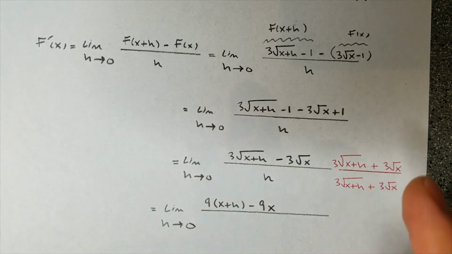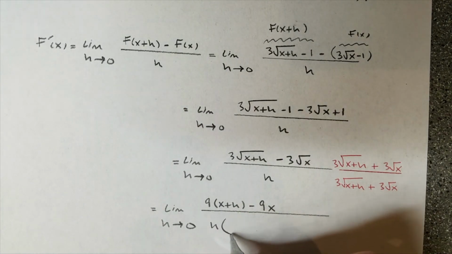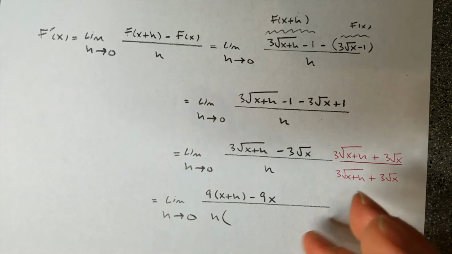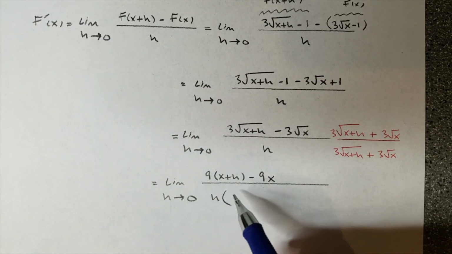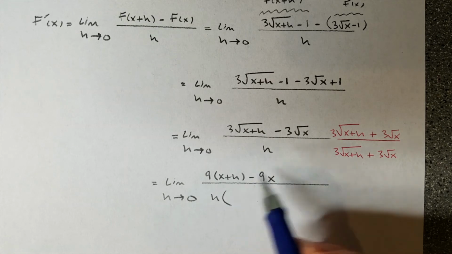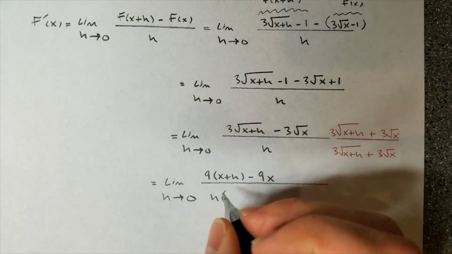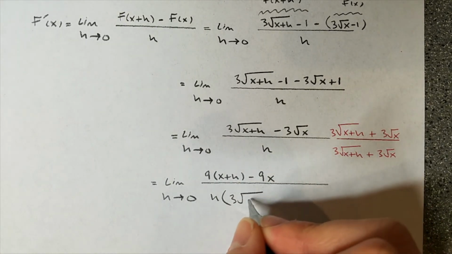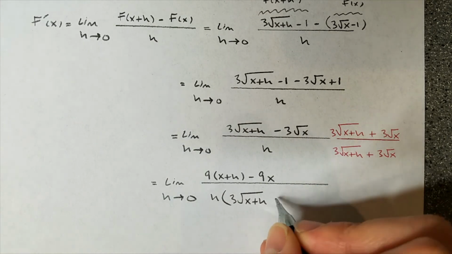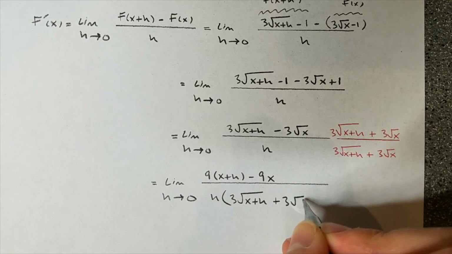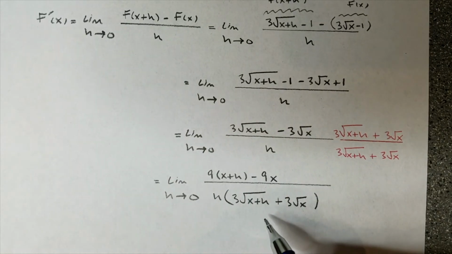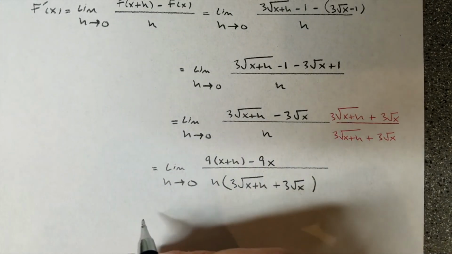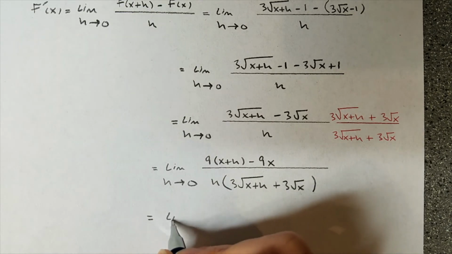Down here, I could multiply all these together, but it will obscure what is going to cancel out of it. So I won't multiply them together. I'll leave the h out, and I'll just say it multiplies this. So I'll leave them apart, in other words. Now, okay, what else can we do? When we do this, we have to keep asking, what else can we do?